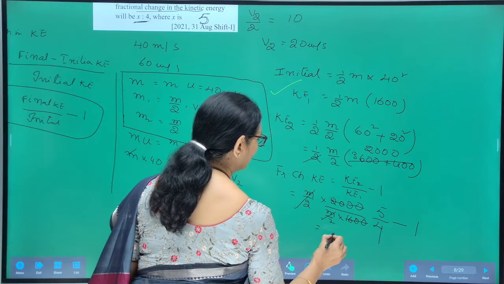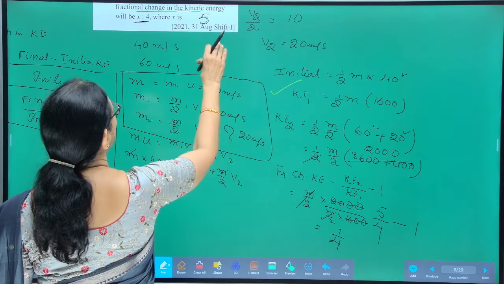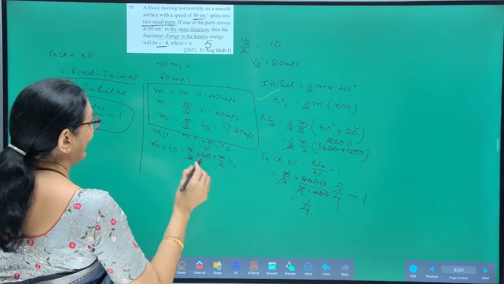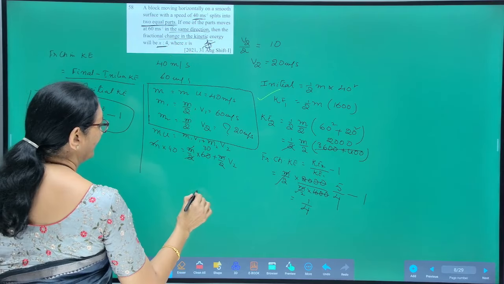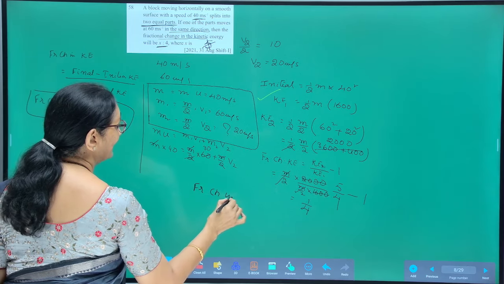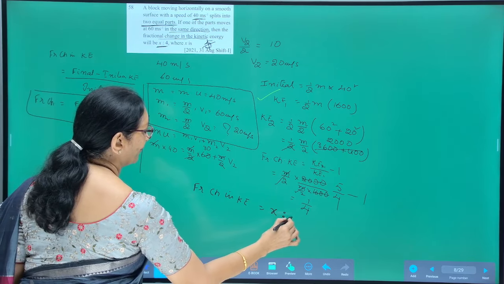Minus 1. This is 1 by 4. But look into the problem, it is given as x is to 4. So, fractional change in KE is given as x is to 4.